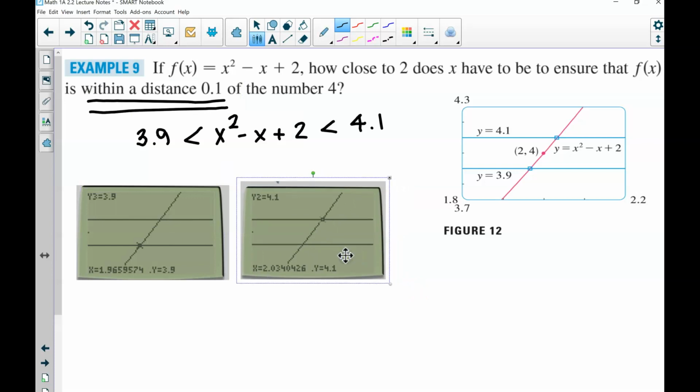So what we've determined here is that this is the value of x here, and this is the value of x here, at those particular points.